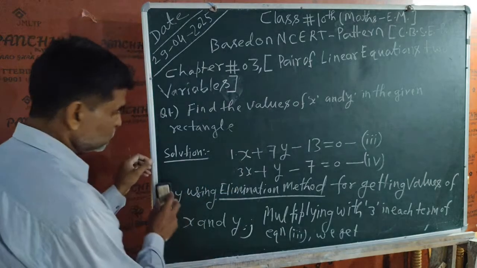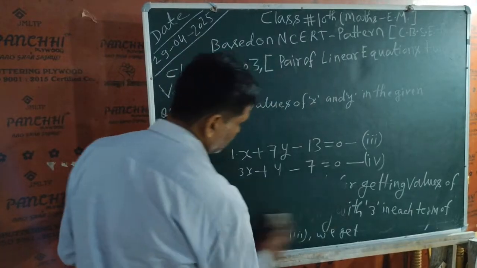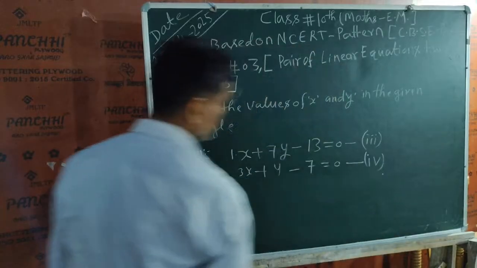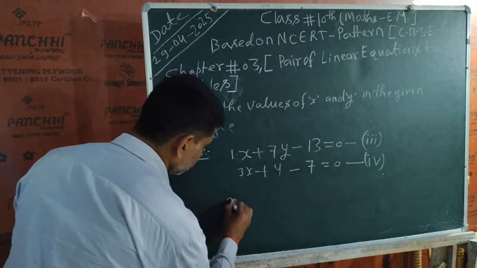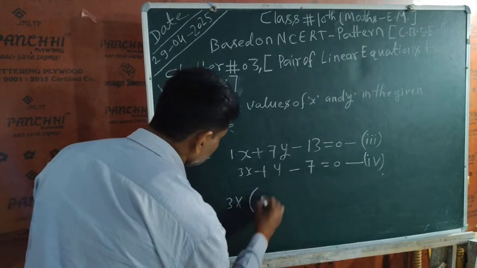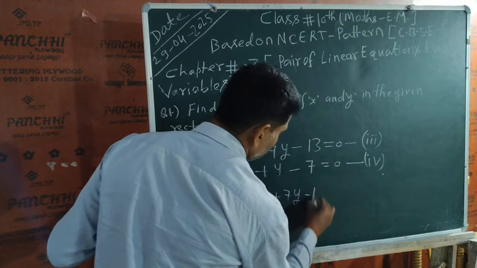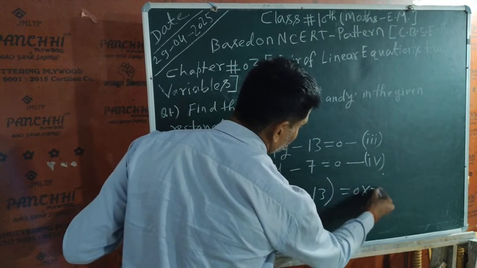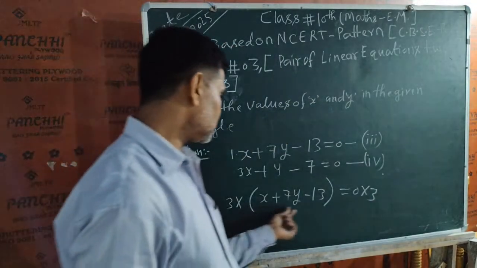Okay, student. So after erasing, I will multiply each term in equation number 3 by 3, on the left hand side and also the right hand side. So I will write 3 multiplied into x plus 7y minus 13 is equal to 0 into 3. This 3 will multiply each term.